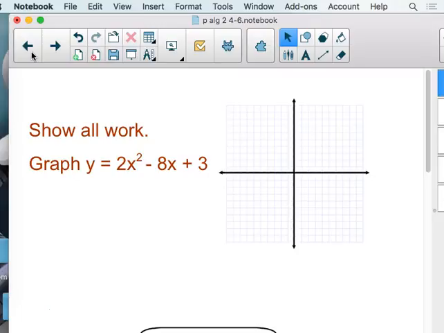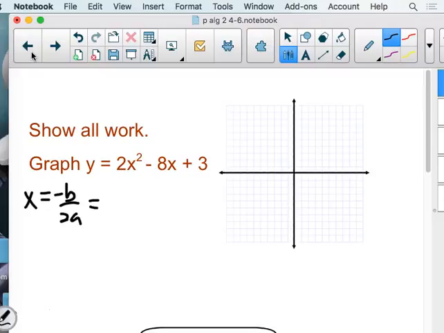What's an important point that we've been looking for on our quadratic graph? The vertex. So there was a little formula that we needed to find the x-coordinate of the vertex. What was that? X equals negative b over 2a.